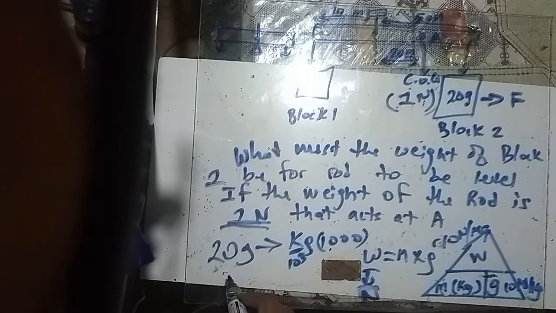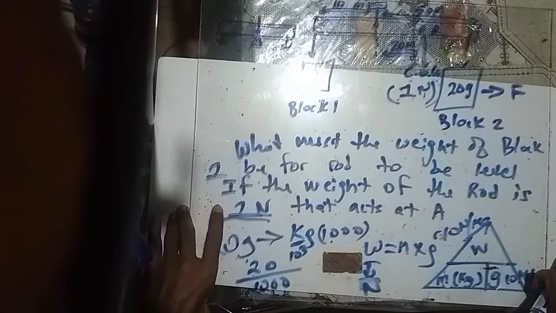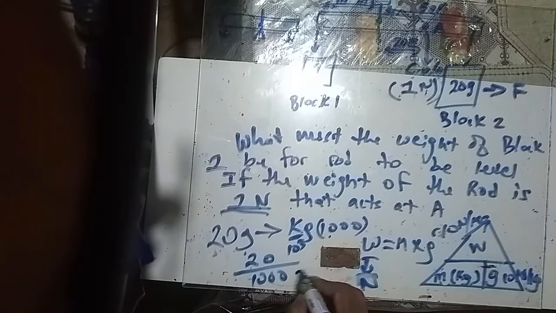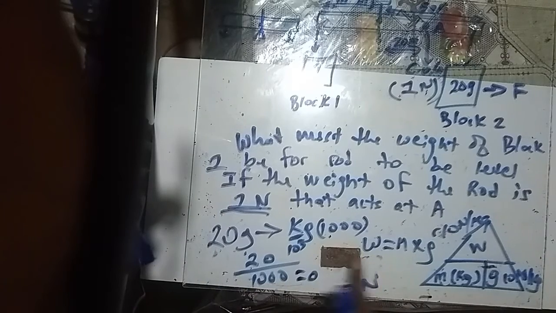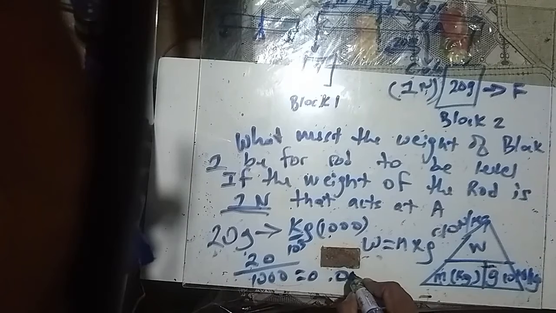Therefore, to convert from gram to kilogram, I divide. From small to large, you divide 20 by 1000. 20 divided by 1000 gives what? 0.02 kg.